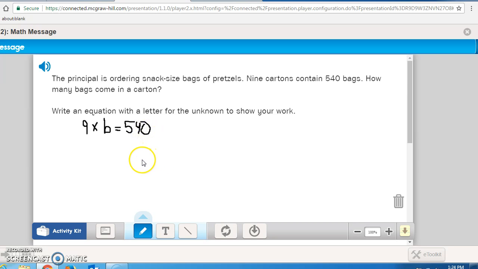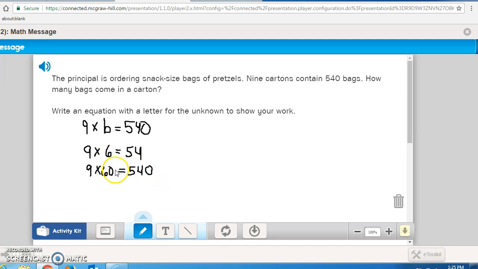And then I thought to myself, well, what times 9 will give me 540? Well, I know that 9 times 6 equals 54. So that tells me that 9 times 60 will give me the answer that I'm looking for of 540.